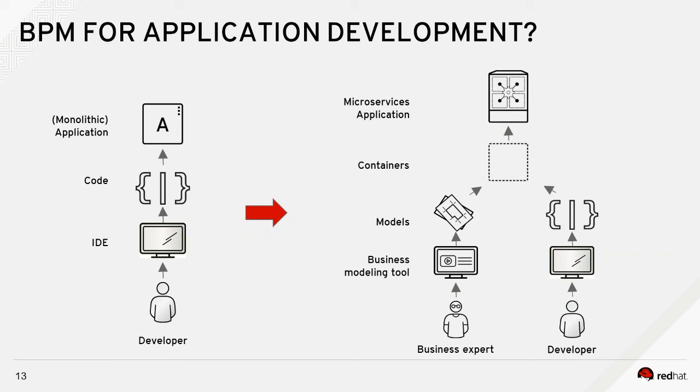And business users are going to be using different types of tools, business modeling tools, and producing models that we can think of in the same way as code. So the models that we produce might be BPMN diagrams or DMN diagrams that can be combined with code to produce these new applications.